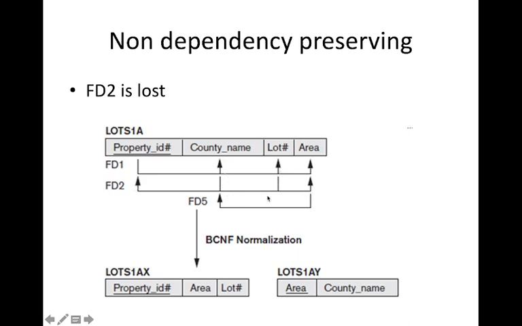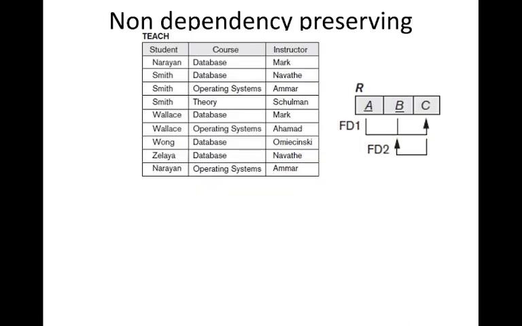That FD2 is lost because we have separated county name into a different table. So the functional dependency on county name and lot number, FD2, is lost when we decompose. So this is known as a non-dependency preserving decomposition.